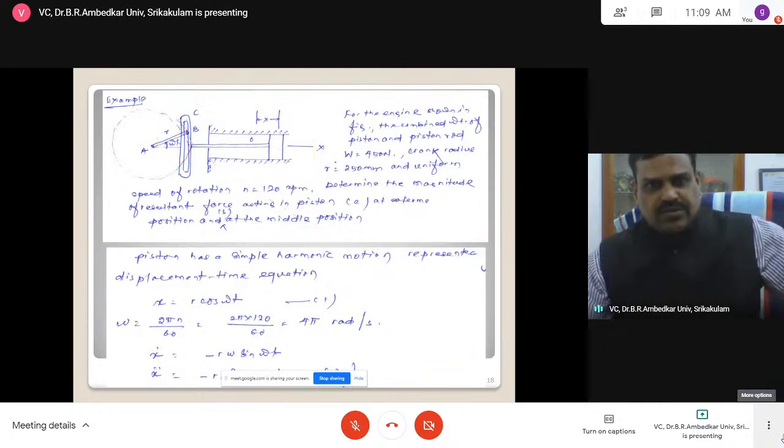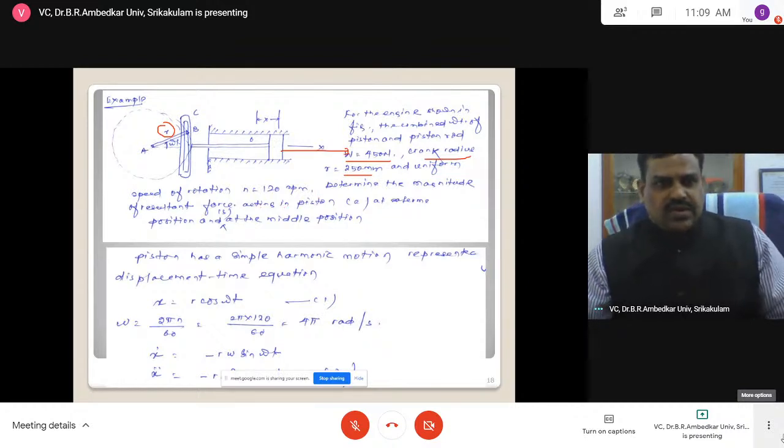Now the given problem: the piston rod weighs 45 newtons, crank radius 250, that is this one, weight is this one, and the speed of rotation is 120 rpm.